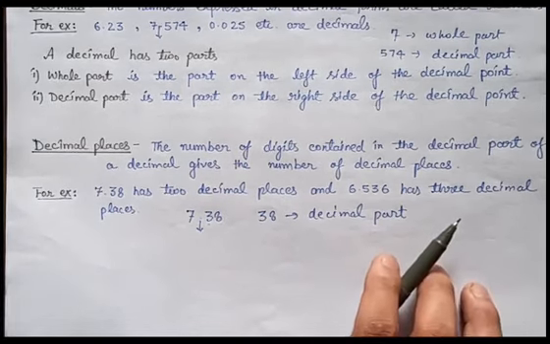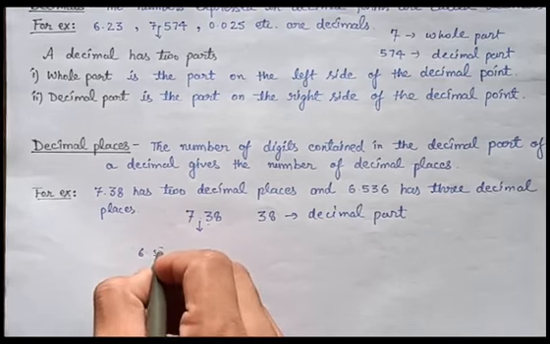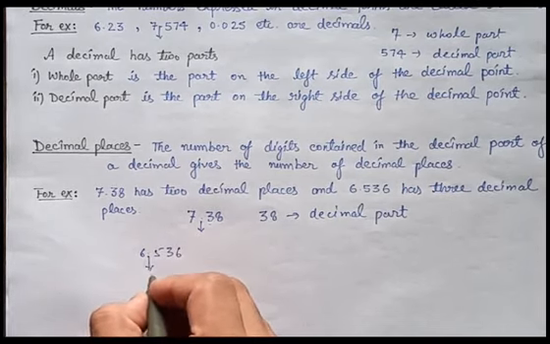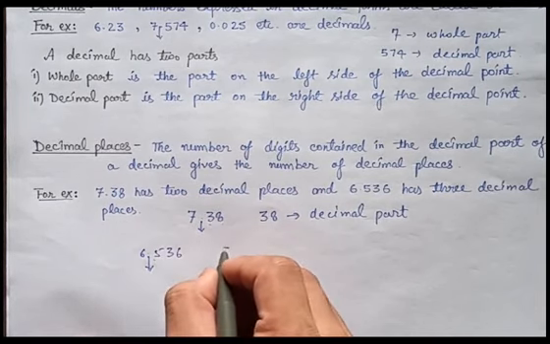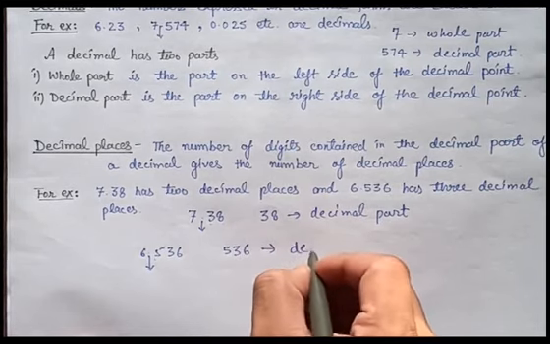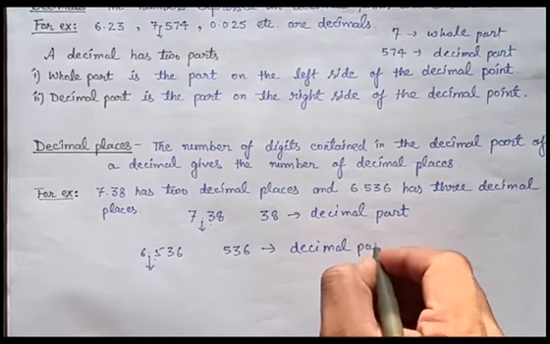Again, you can see the other example 6.536. So this is our decimal point. And on the right side of the decimal point, the number is 536. So we can say 536 is the decimal part of this given decimal.